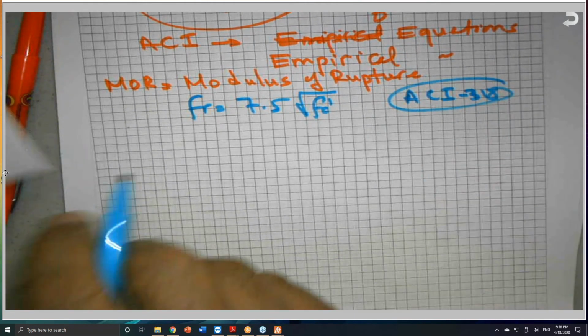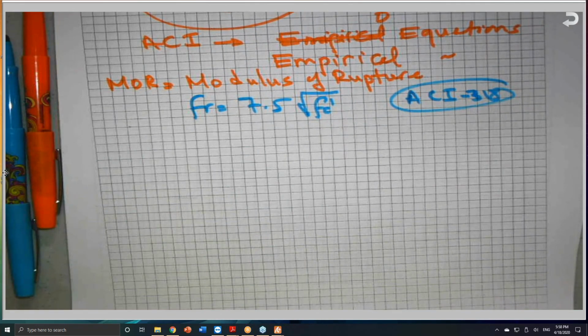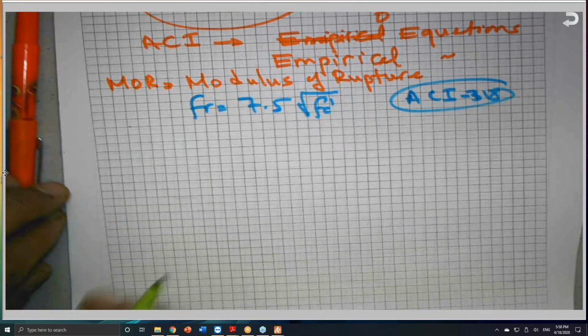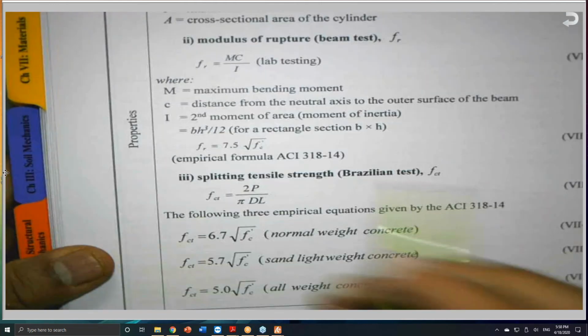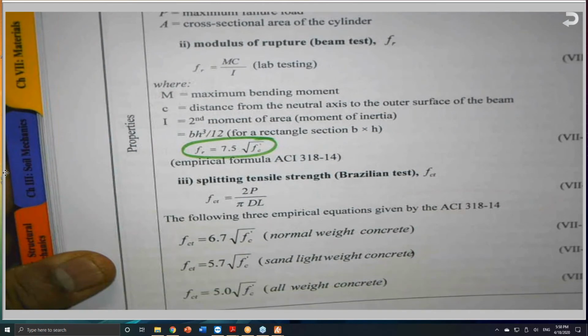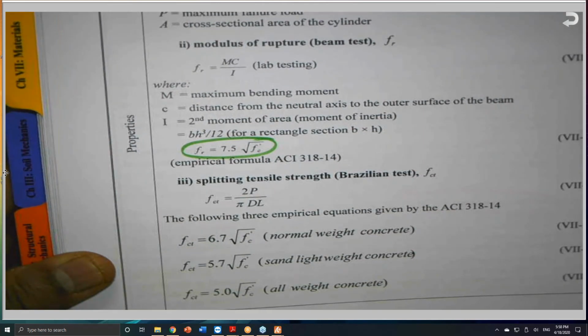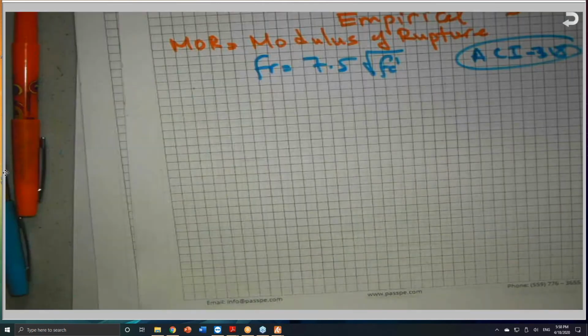It is not required as a reference for the exam, but normally I include these equations in my books just in case. Here it is. This is the equation in the ACI code, just in case.